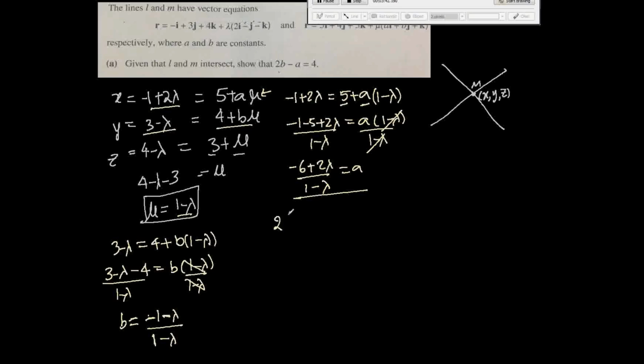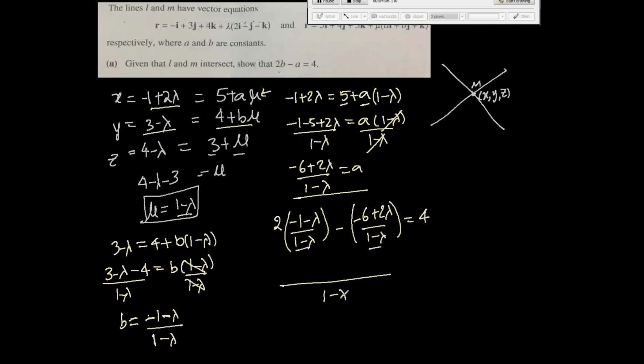Now we have to show that 2b minus a equals 4. So 2 times b, which is minus 1 minus lambda over 1 minus lambda, minus a. A is this, minus 6 plus 2 lambda over 1 minus lambda, and equal to 4. This is what we have to show. Since both of them have the same denominator, we can write this denominator once and multiply the 2 with only the numerator.